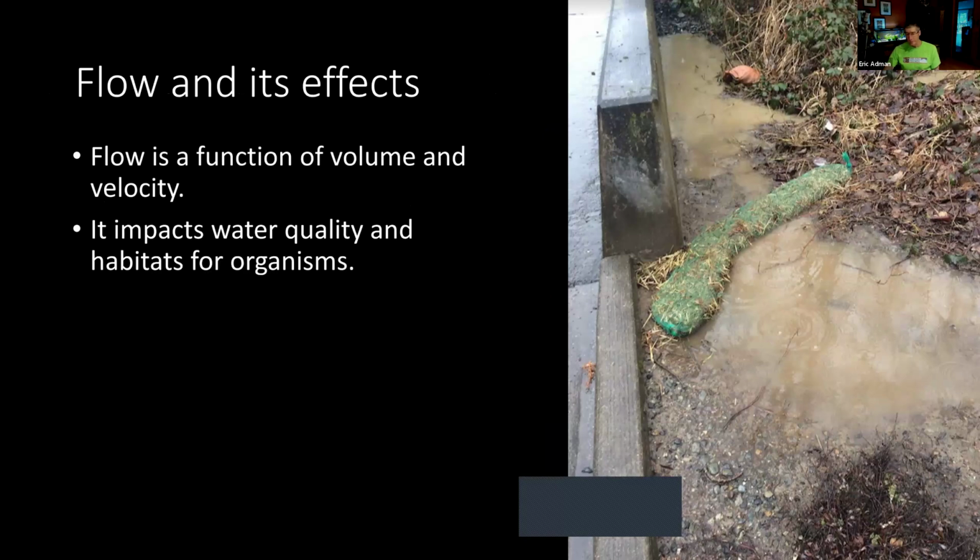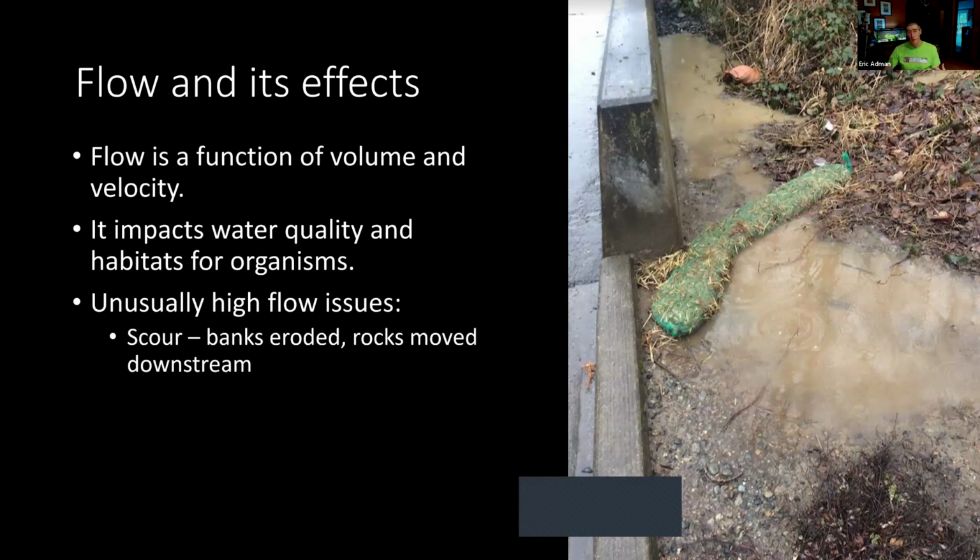If you have too high a flow, you can get some things like scour. That's something we see, for instance, up and down the length of Swamp Creek. If you look at the banks, you can see that they've been eroded in some places down to an underlying clay layer, and you get a lot of movement of rocks downstream.